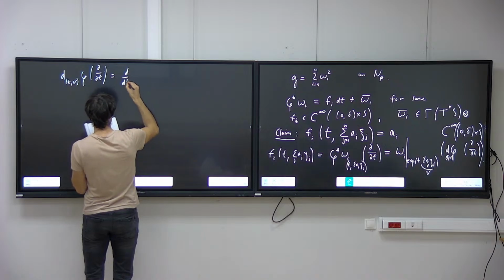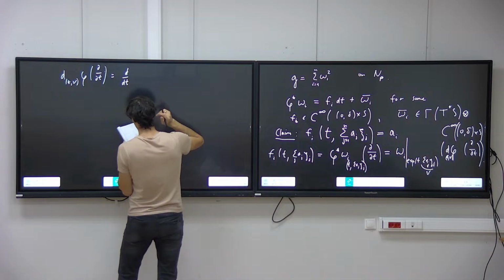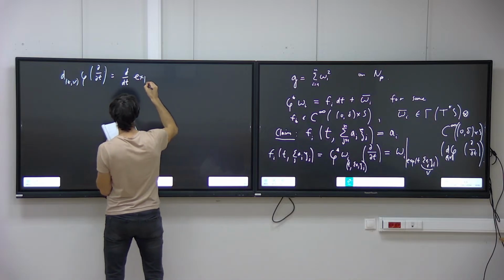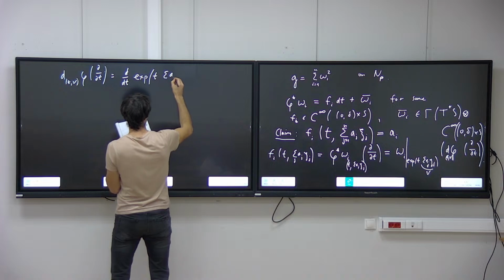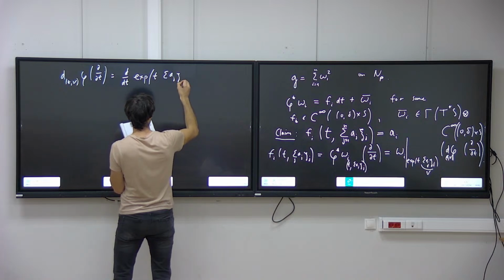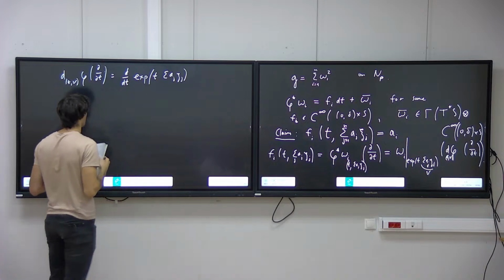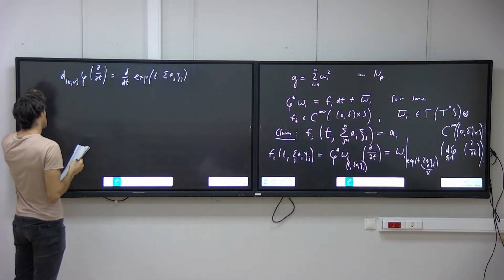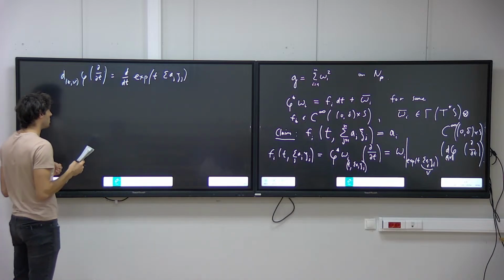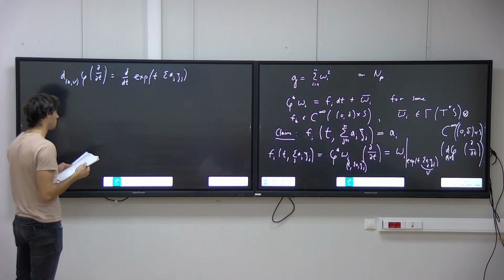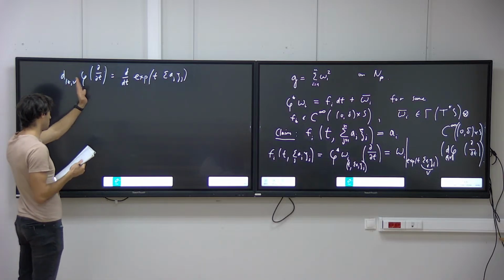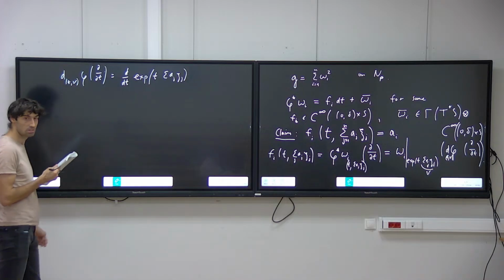I need to take d over dt of exponential of t sum over a j psi j. And t is not fixed, so at point t, it's like that.